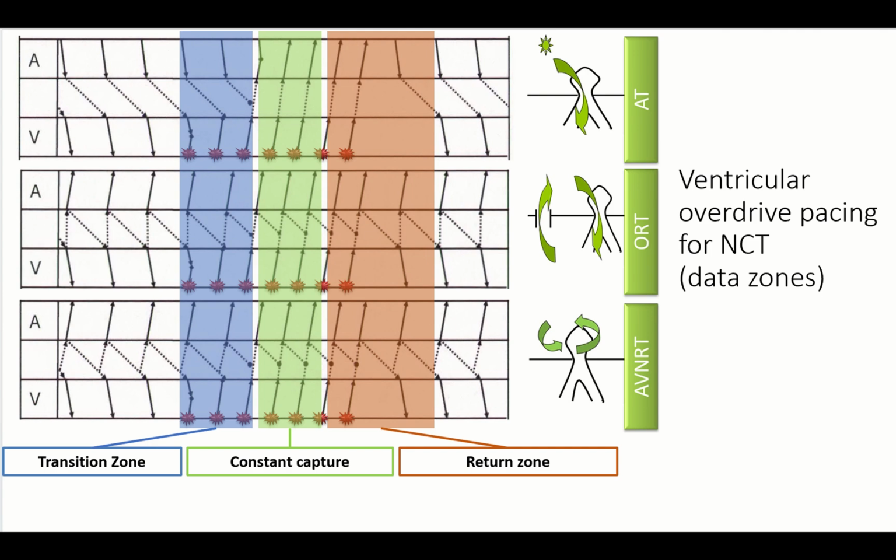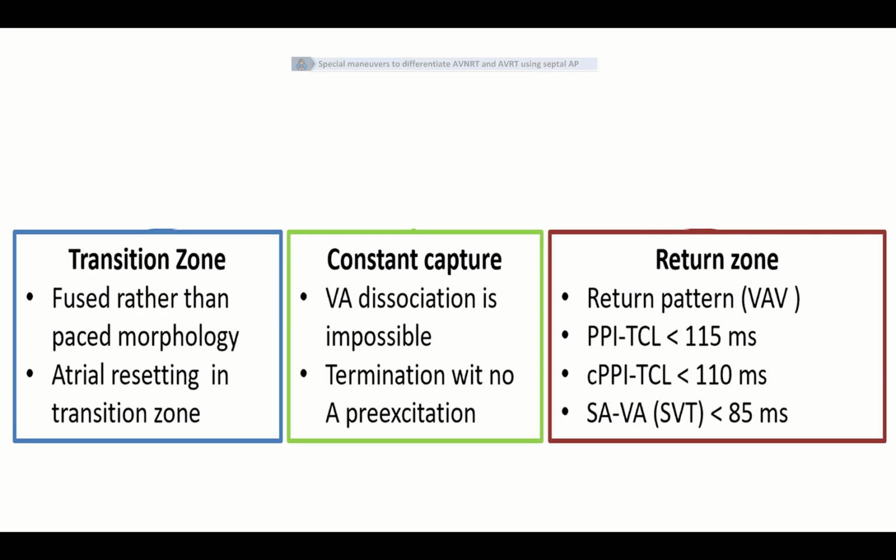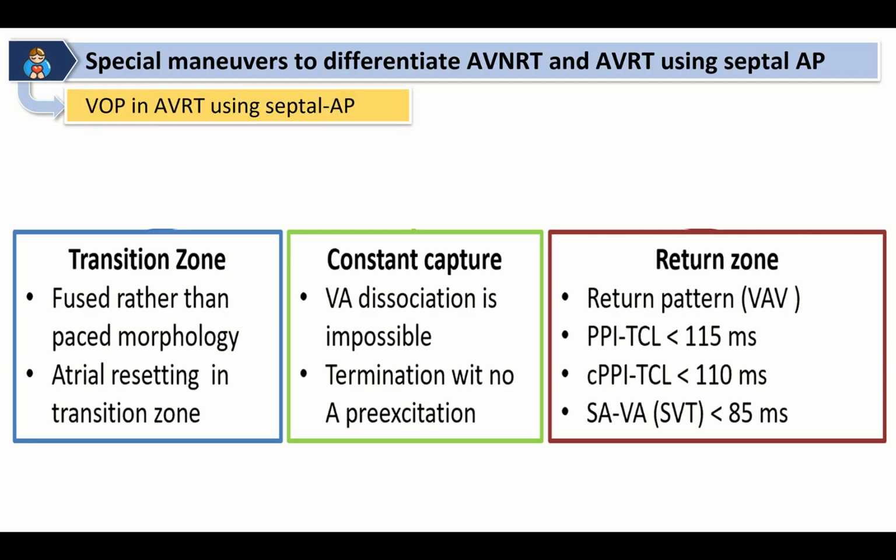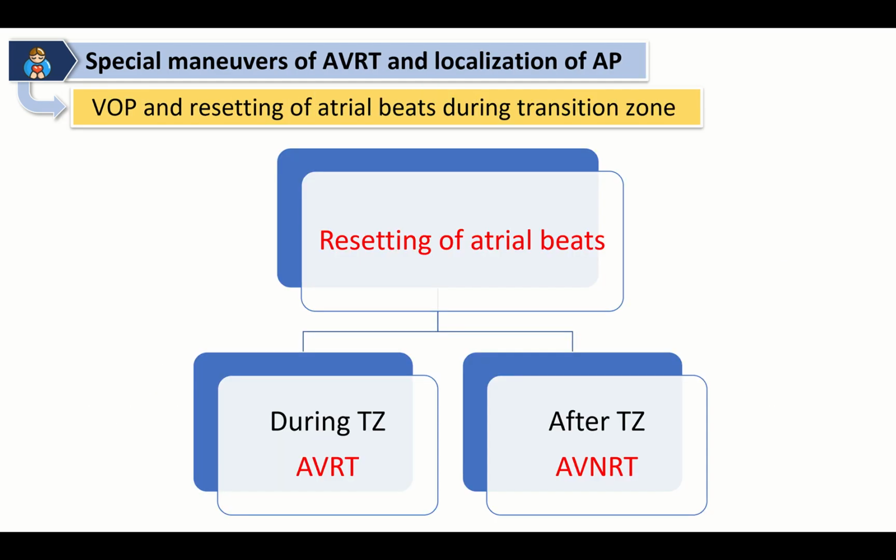As we said, during overdrive pacing we have the return zone, capture zone, and transition zone, and this is the golden rule from which we can tell much data and findings confirming the septal accessory pathway. But I want to highlight the number of resetting atrial beats during or after the transition zone.